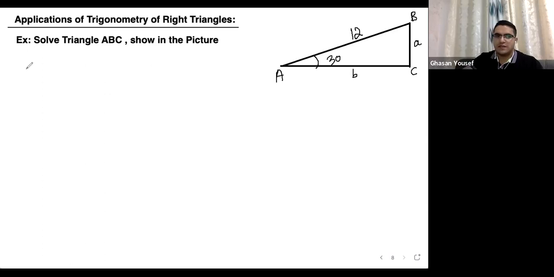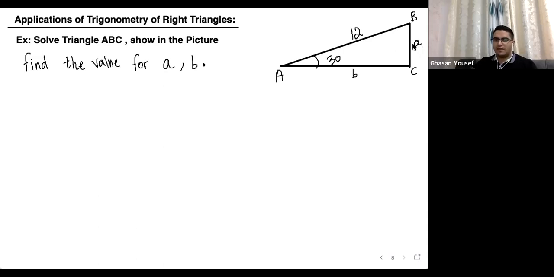So my question is to find the values for small a and small b. Okay, who wants to do the first one, or any idea how we can find the length a, the small a? How can we find the length of a?